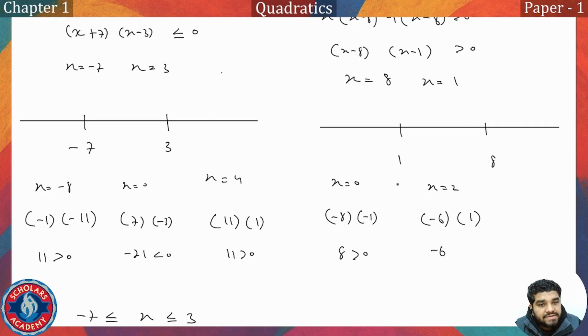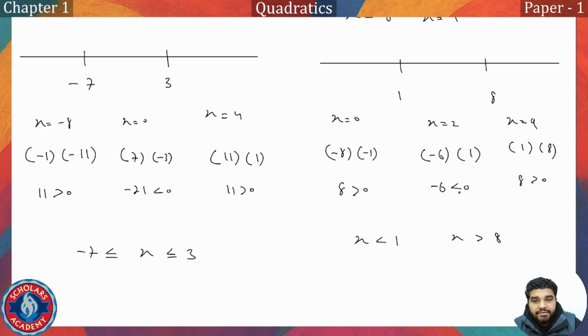It is negative 6, less than 0. If I check for x is equal to 9, I get 1 times 8, so it's 8, which is greater than 0, right? So the interval that satisfies this inequality is when x is less than 1 and when x is greater than 8.